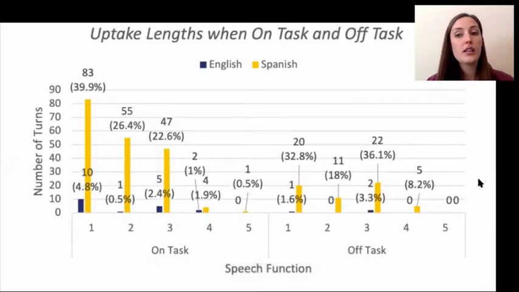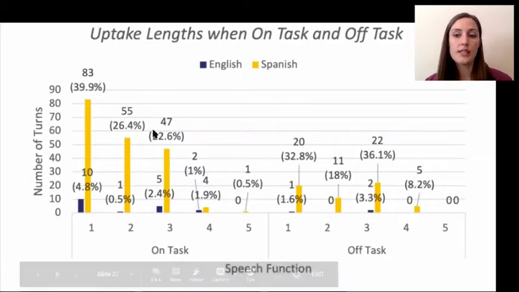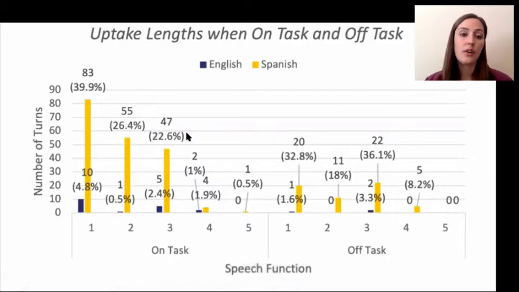So now looking at the student uptake when on task and off task, again, managing activity was left off because there were only 2 responses. Most of the English that the students produced was on task. Also, most of the on-task responses were one word long or short phrases, but there were a good number of full sentence responses as well.